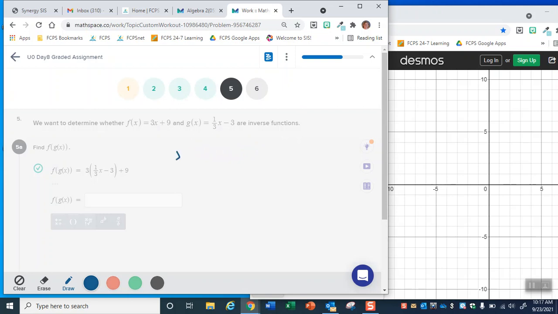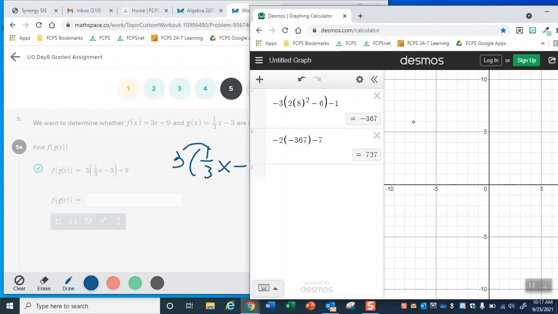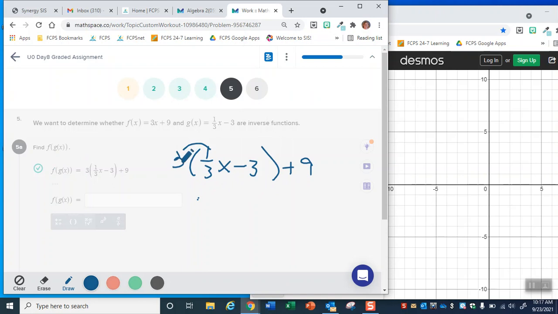So I've got 3 times 1/3 x minus 3 plus 9. Okay, so 3 times 1/3. If I do that on Desmos, that equals 1. Okay, that kind of ends up with the 3's canceling out.